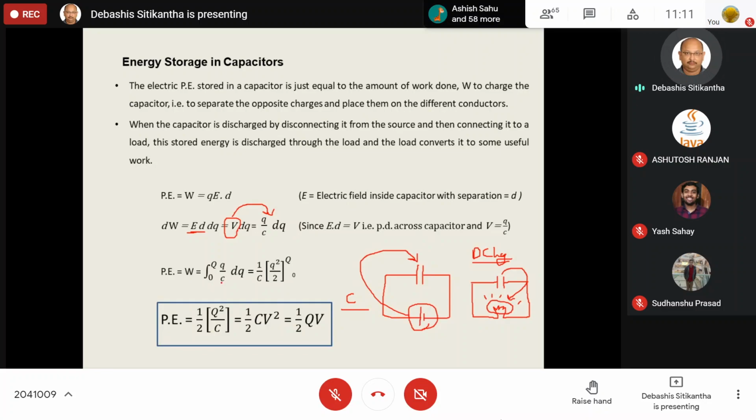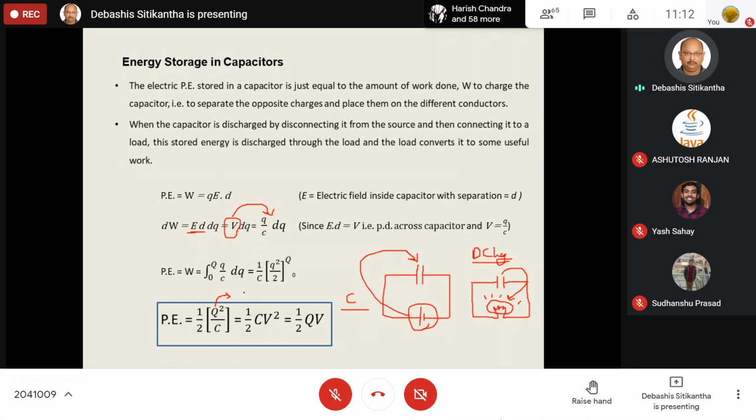If I want to find the total work done, or the total amount of energy stored in the capacitor, I have to integrate it from 0 to Q, where Q is the maximum value of the charge that this capacitor can store. Then finally I get an expression which says that potential energy is equal to half Q squared by C. Now in place of Q, I can use the expression CV.